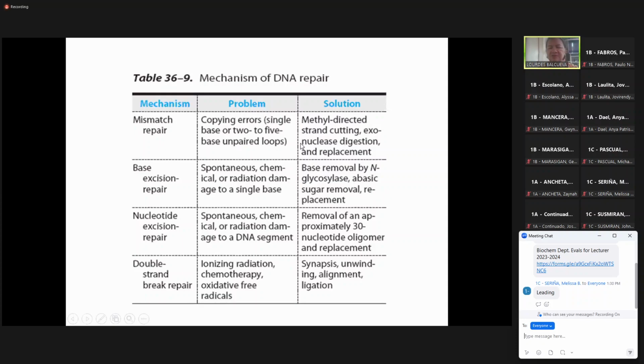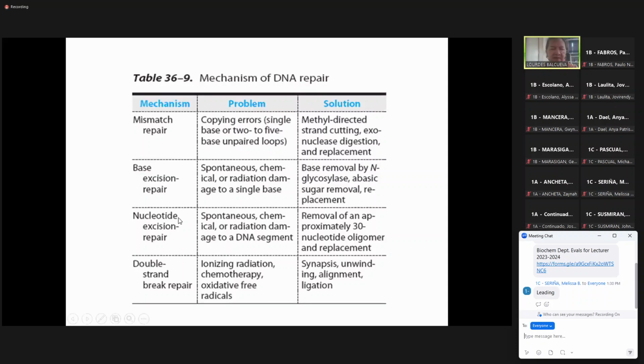What is the solution? Strand cutting or exonuclease digestion and replacement. So what are the enzymes there? The polymerases.